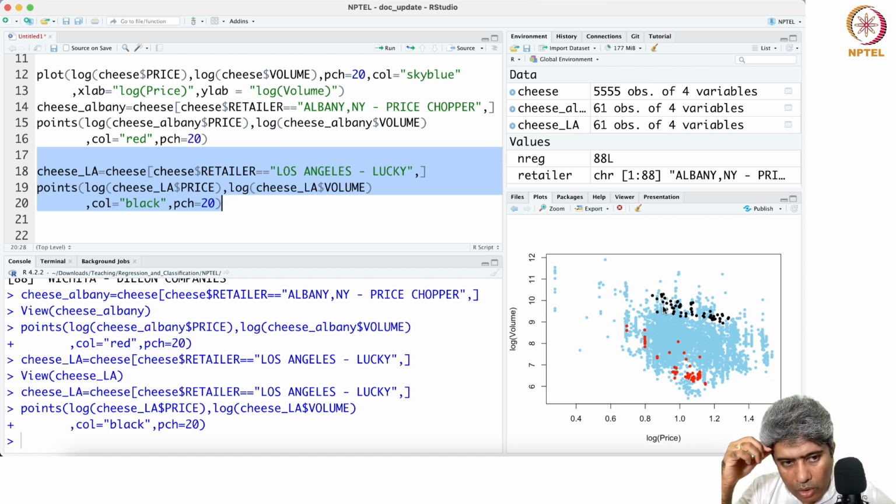So for each retailer we want to fit a separate model.